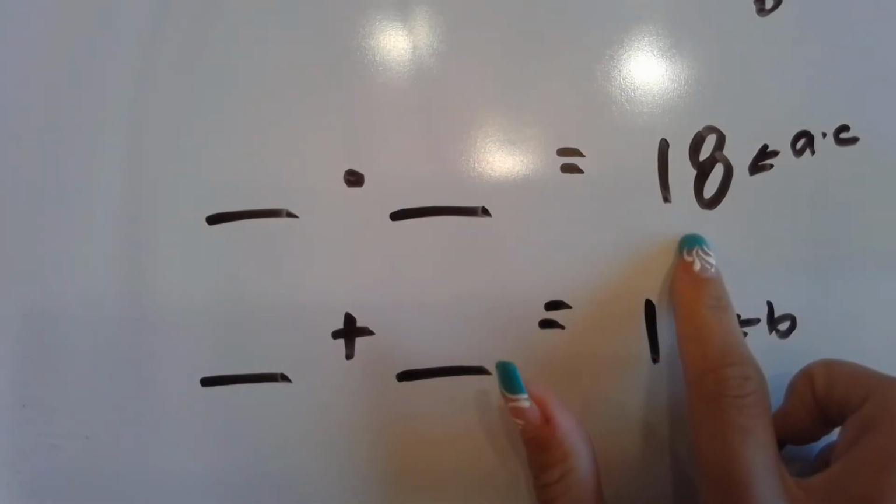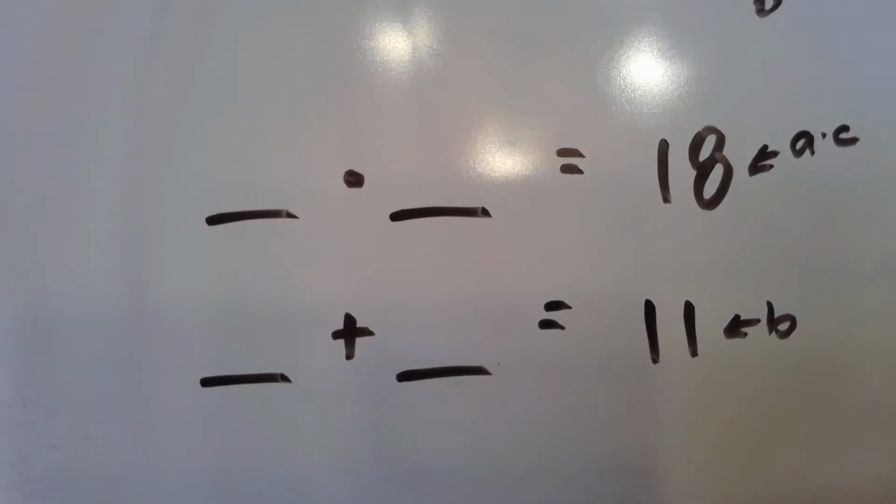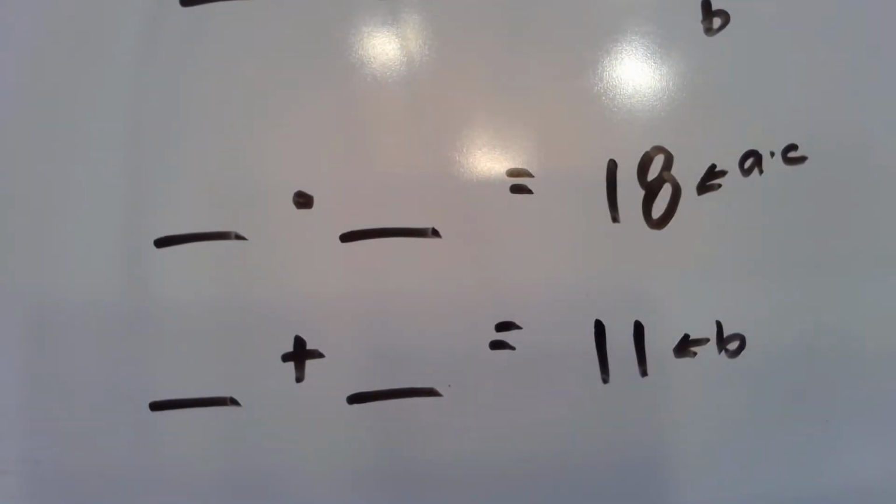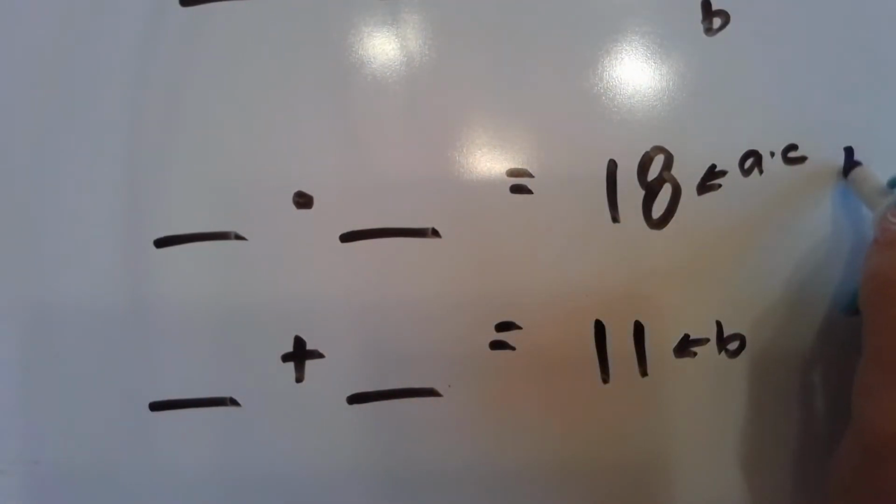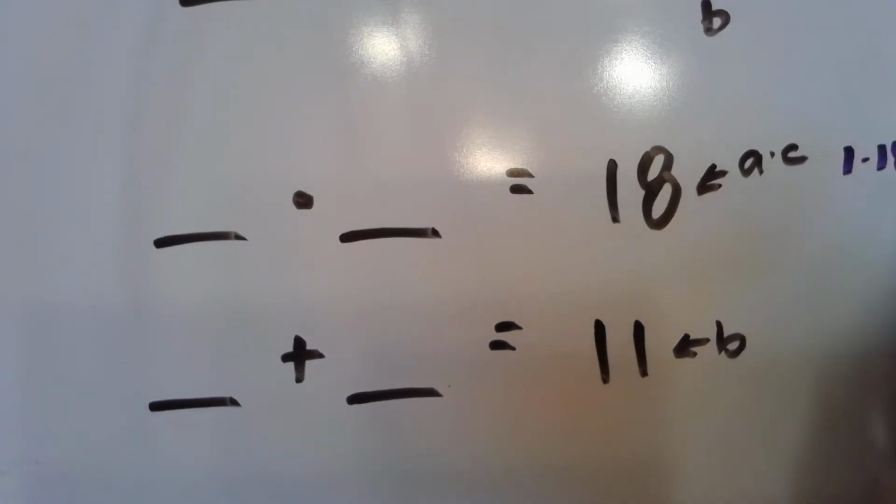Let's write our factors of 18. 1 times 18 is 18. 2 times 9 is 18. 3 times 6 is 18.